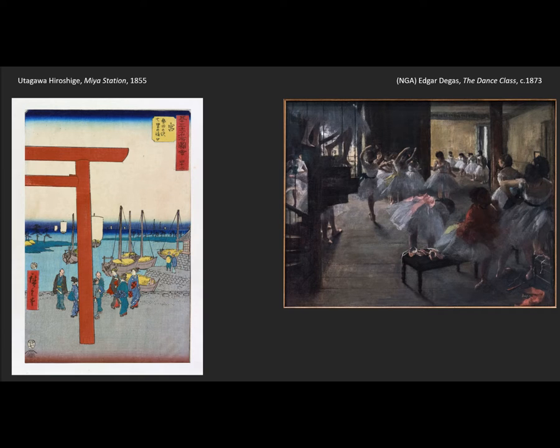So this deep-seated interest in upturning history, in rebelling against tradition, led artists to try to find examples that they could use to help them break free, right?